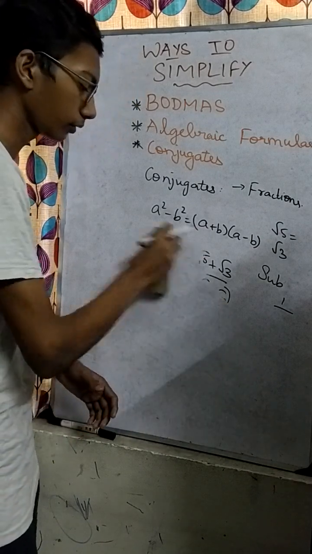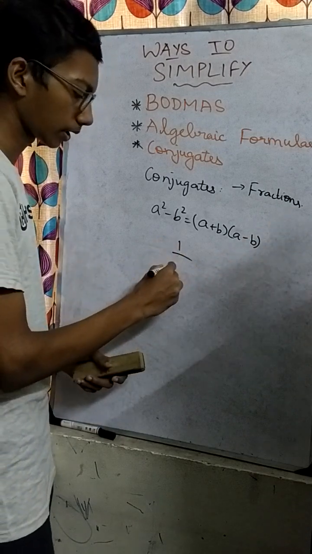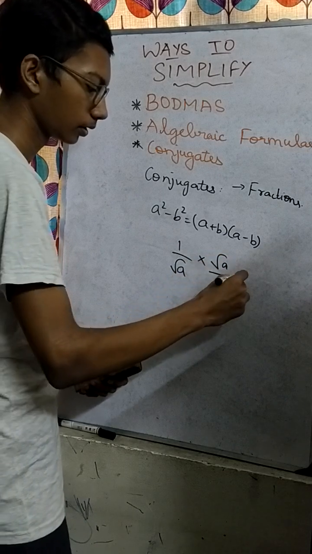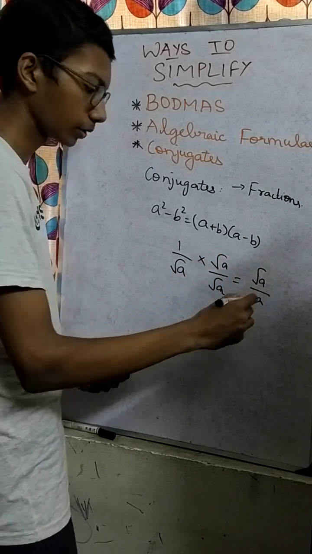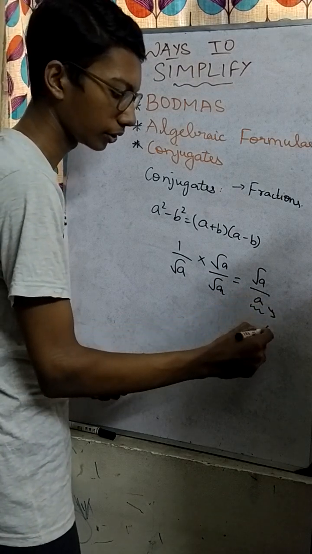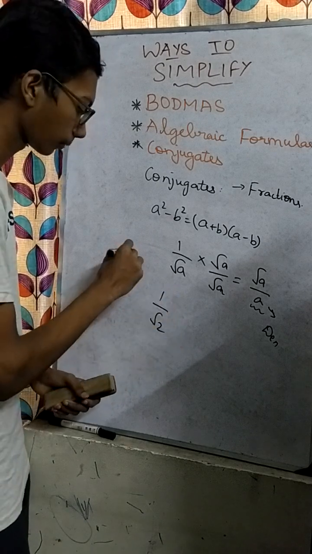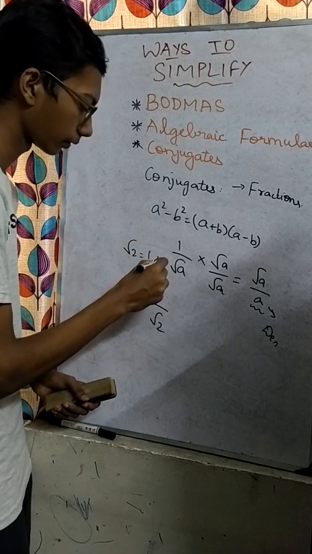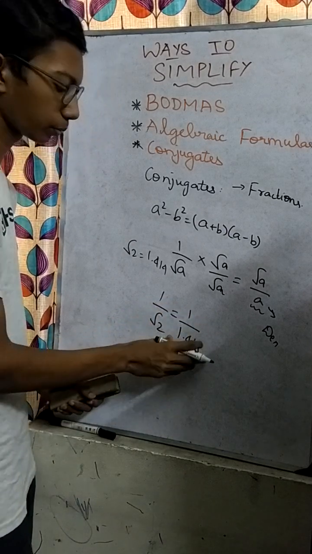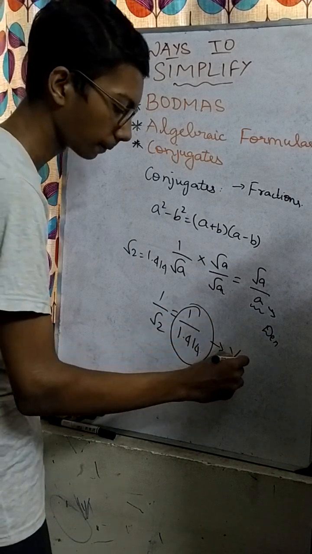Also when we have root values in the denominator, we must multiply and divide so that we have root a by a, because we should always have a non-root value in the denominator. Let's say we have 1 by root 2. The value of root 2 is 1.414. What we should do is 1 divided by 1.414, which is very hard.